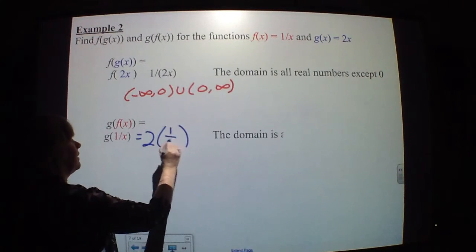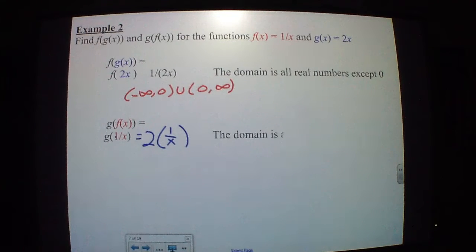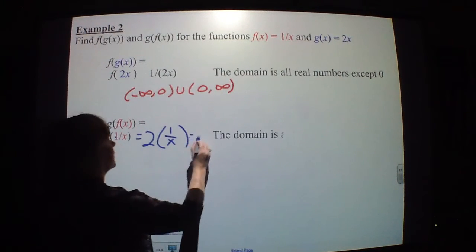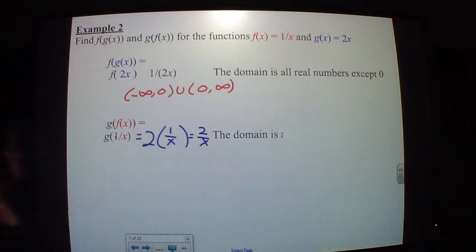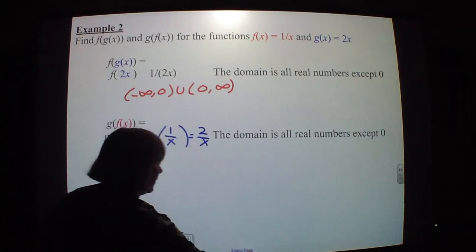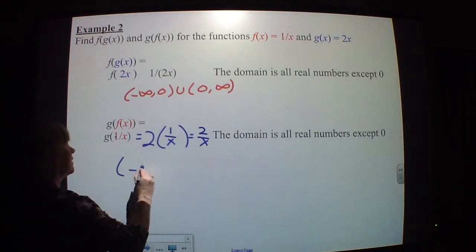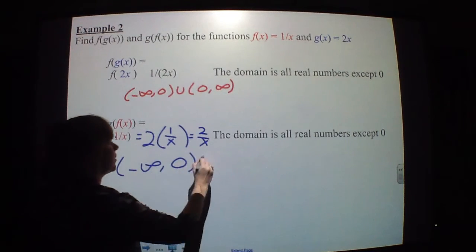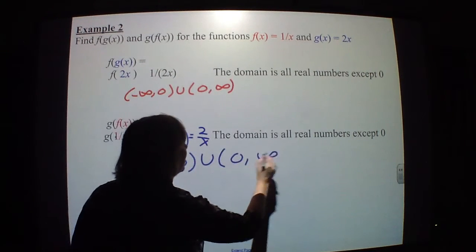So instead of that, I'm plugging in 1 over x. So that's 2 over x. The domain is the same, all real numbers except 0. Interval notation, negative infinity to 0, union 0 to positive infinity.